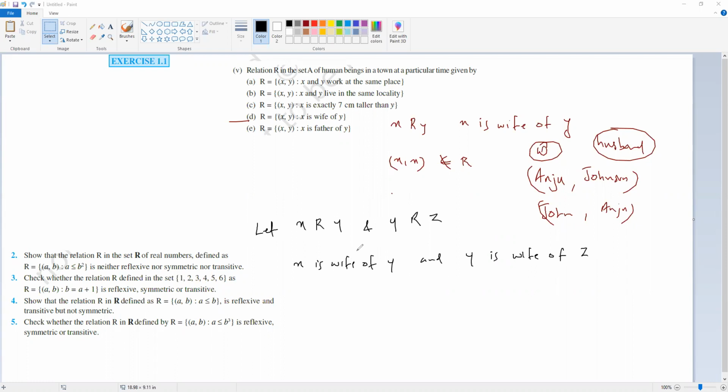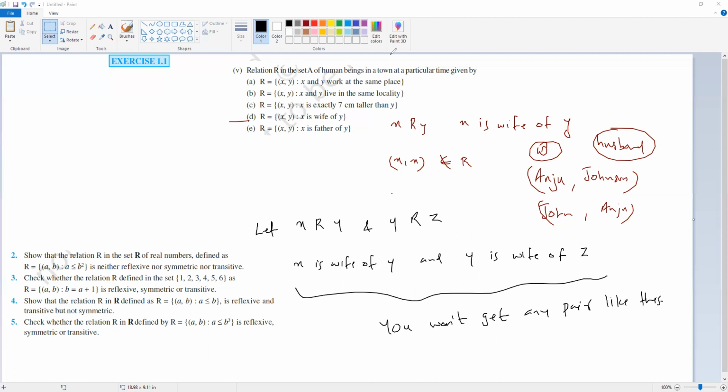So tell me, is it transitive or not? Let me check your understanding. It's non-transitive, sir. Why? By default, it is transitive, na? Because you will not get two pairs like this. You won't get any pair like this.